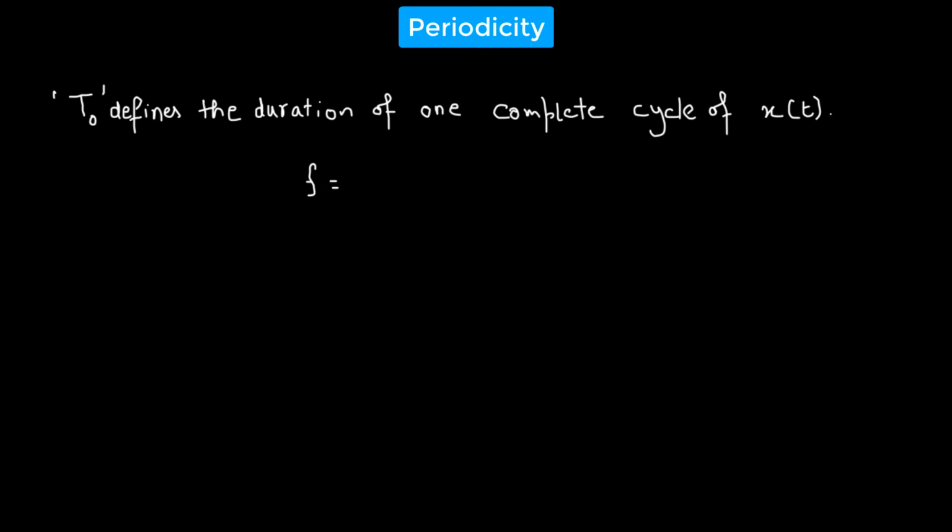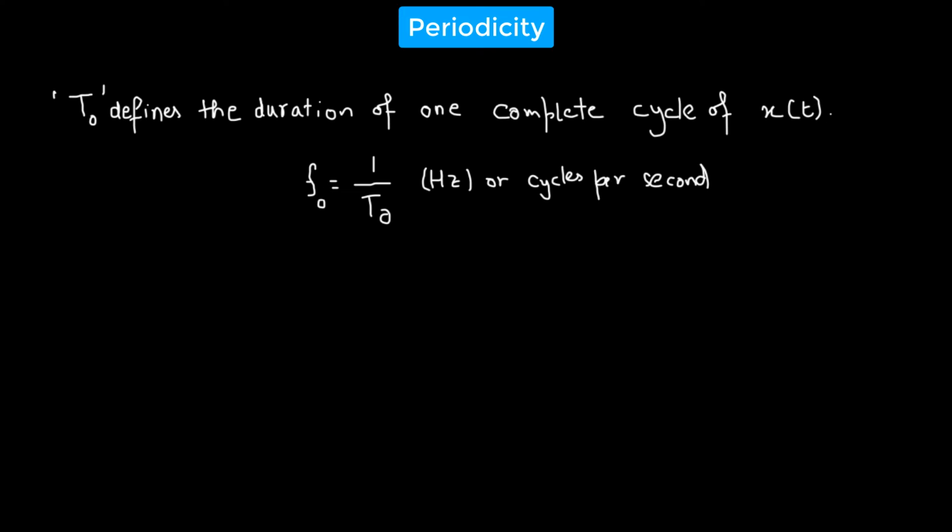So f naught, which will be the fundamental frequency, is defined as the reciprocal of the fundamental period t naught. So this describes the frequency, or how frequently the periodic signal x of t is going to repeat itself. So this is measured in hertz, or cycles per second.